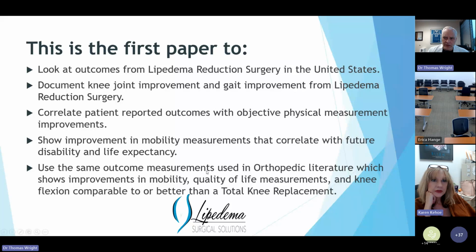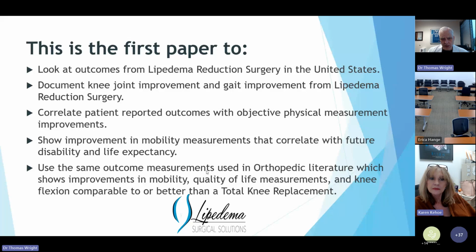So it's the first paper to look at the lipedema reduction surgery in the United States. Most of the studies were done in Europe. It's the first to document knee joint improvement, gait improvement, and it correlates patient-reported outcomes with objective physical measurements.